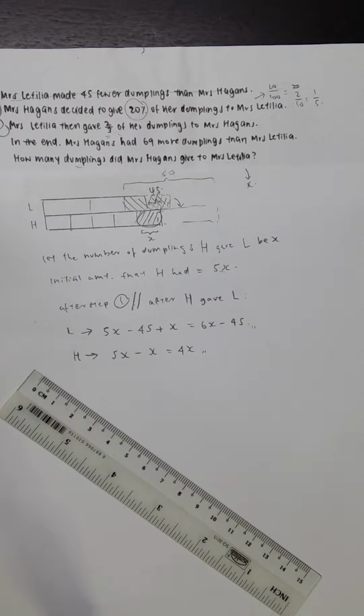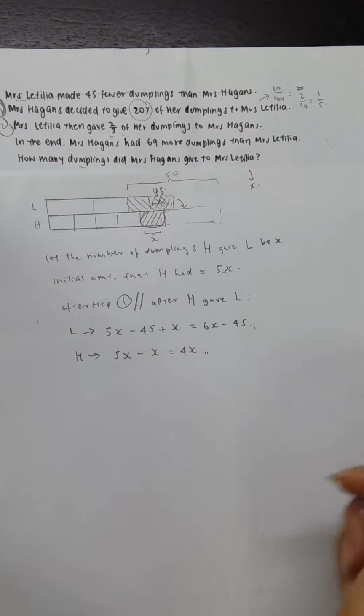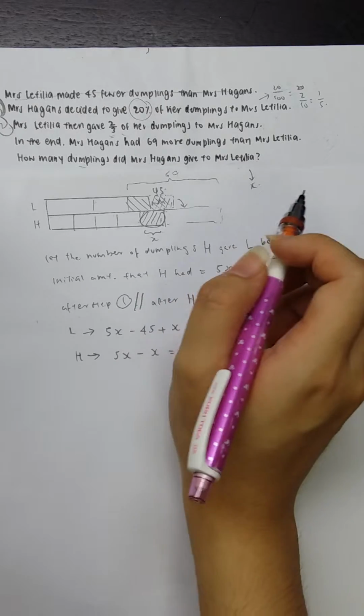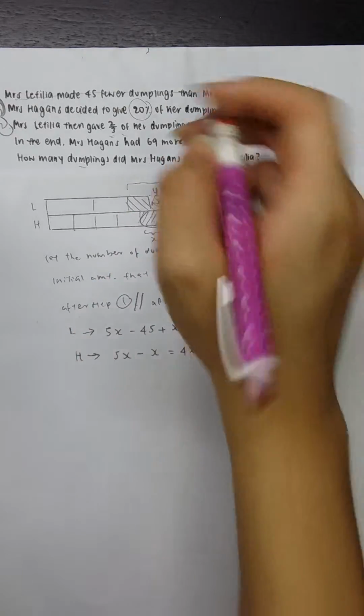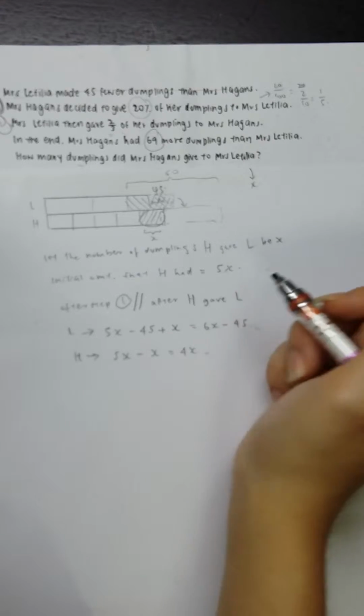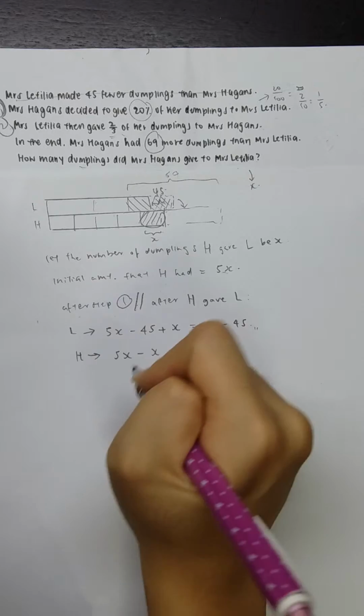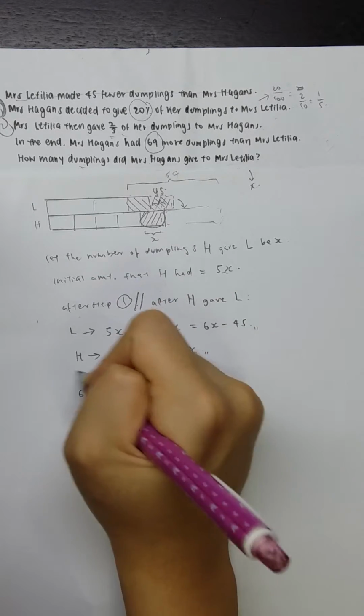Okay. Now at the end of step 2, we know that we have a number here, which is 69. Mrs. Higgins had 69 more dumplings than Mrs. Latilia. So 69.